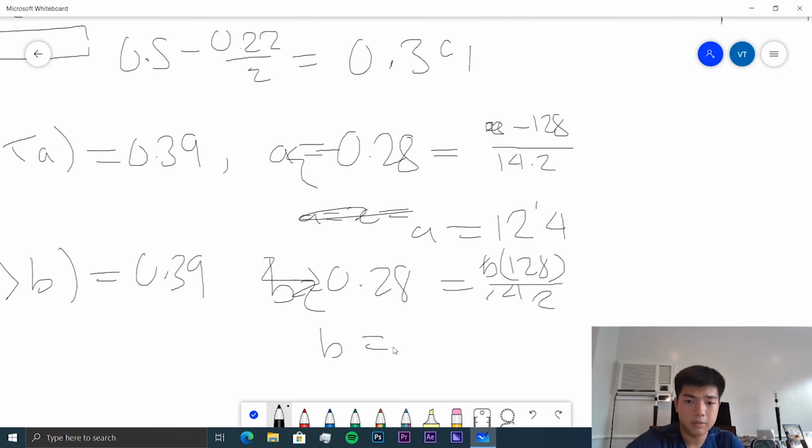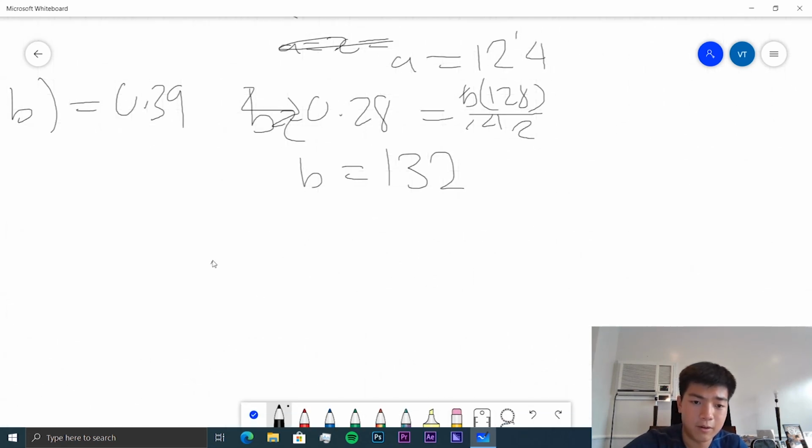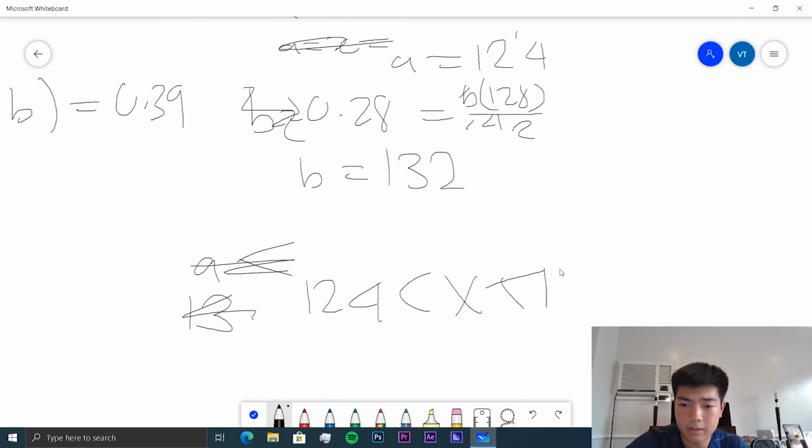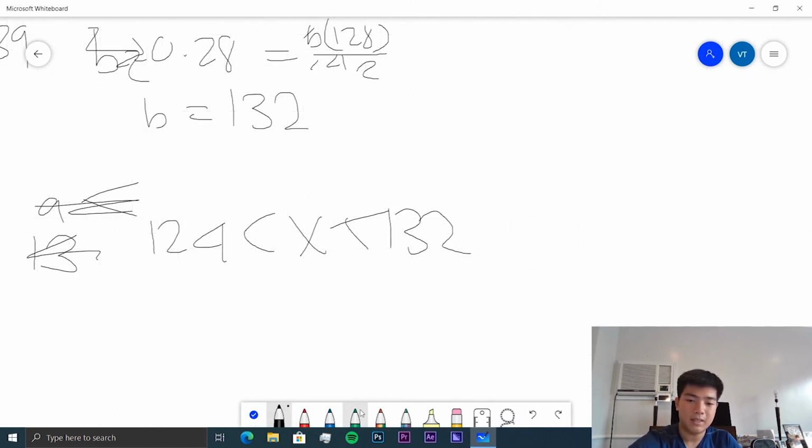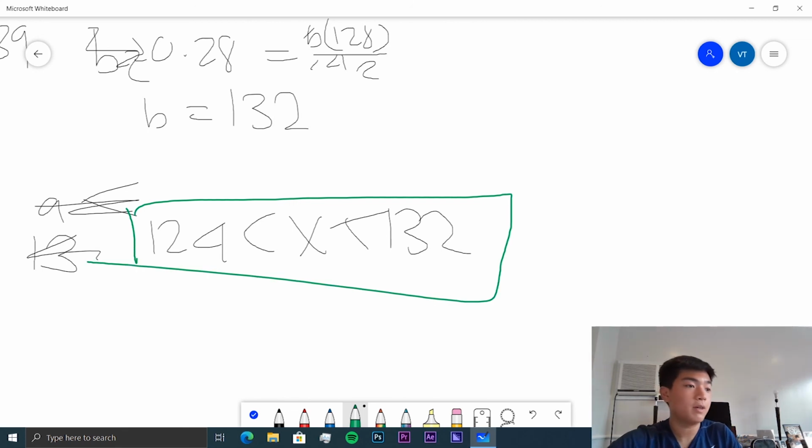So b is equal to 0.28 times 14.2 plus 128. So I got 132 apparently. So this means that the range of values of our variable x must be between a and b, so it's between 124 and 132. But that was a very weird question. I don't think it was worded correctly. But that was the final question as well.